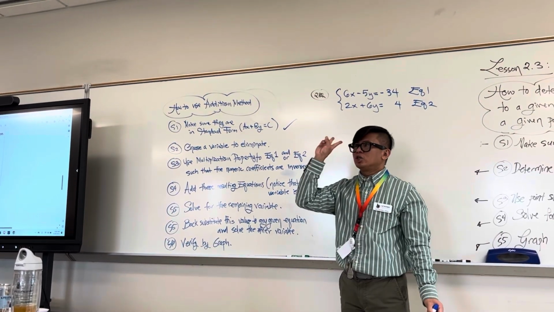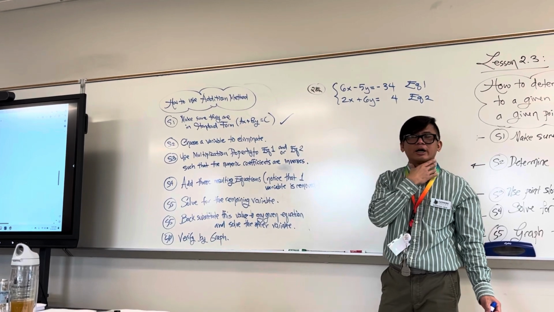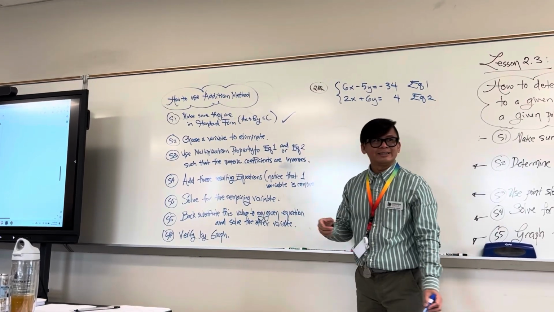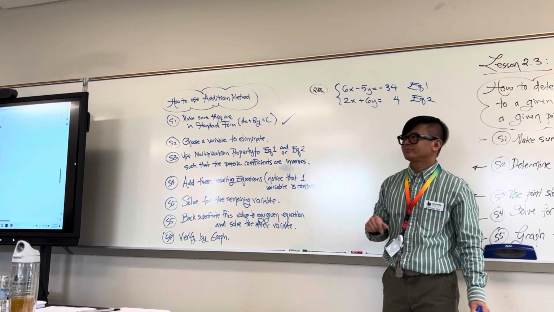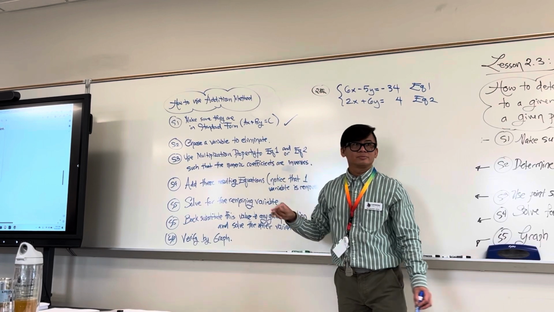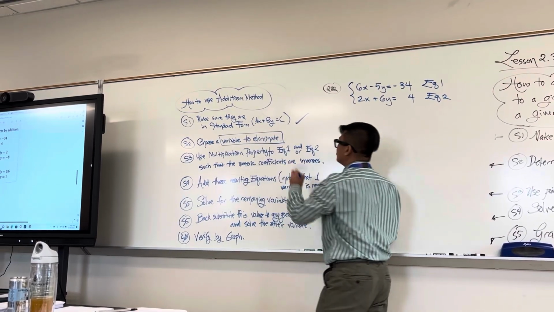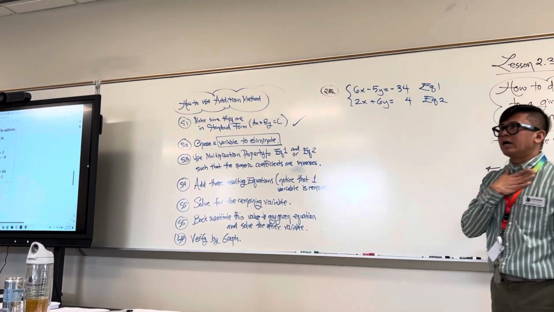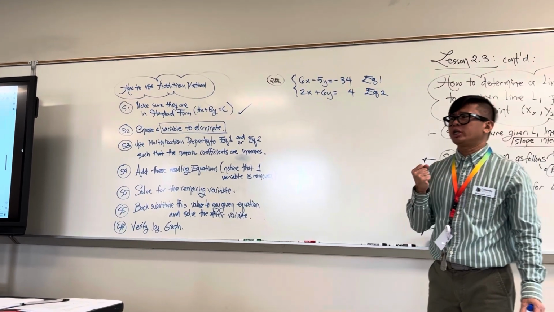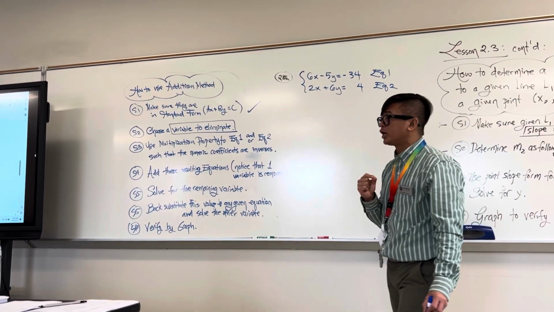Step number 2. Let's read this one in here. Victor. Step 2. Use multiplication. Choose a variable to eliminate, or remove. So what variable should you remove that will make your addition or elimination method easier or more challenging, depending on what you want to remove.